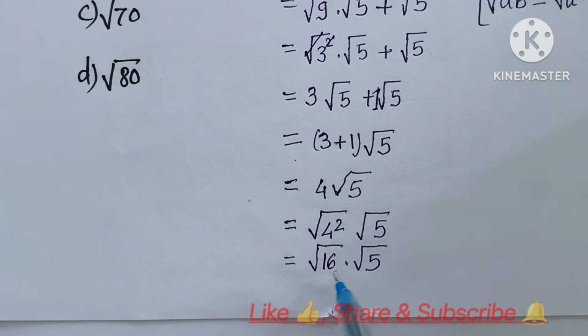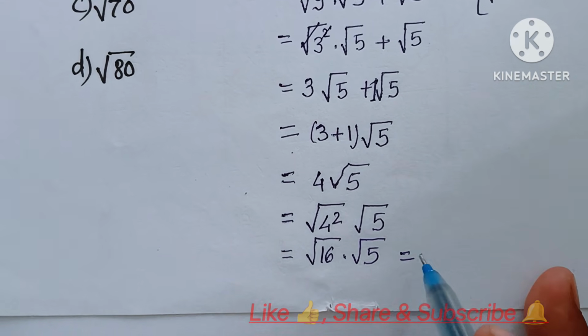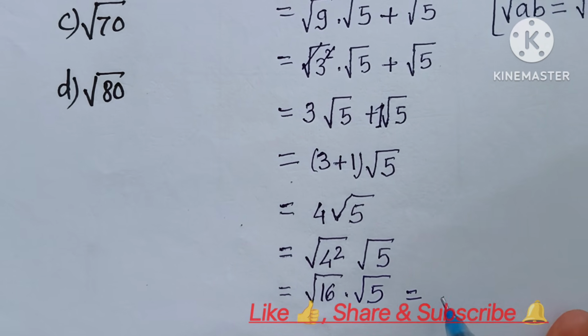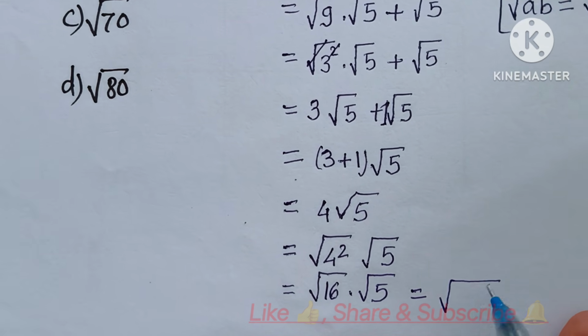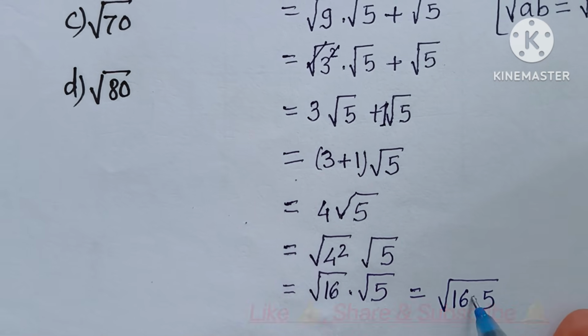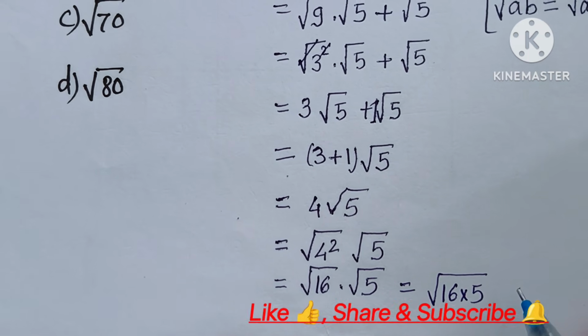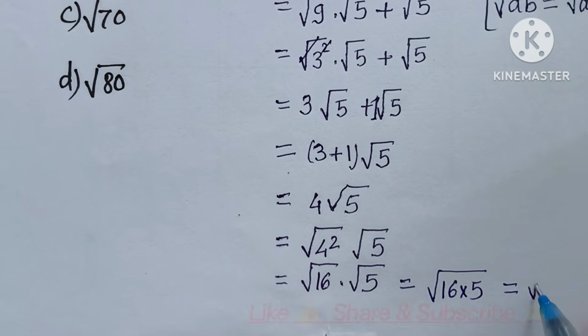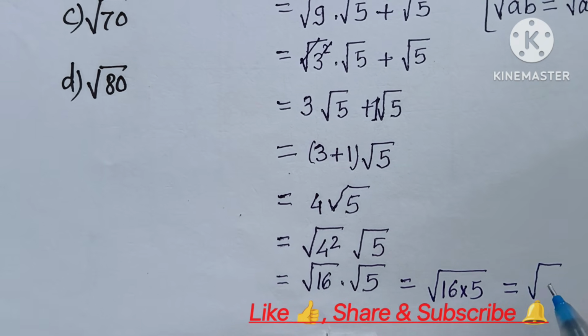Now we can write both of these in under root, so we get under root 16 multiply 5. Under root 16 multiply 5 is equal to, we get under root, 16 fives are 80.